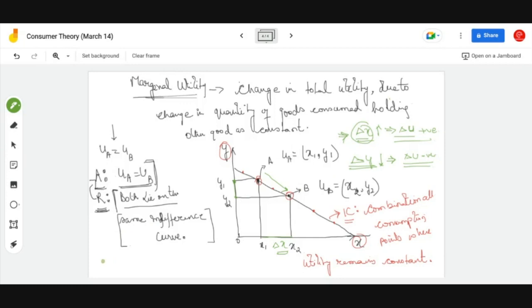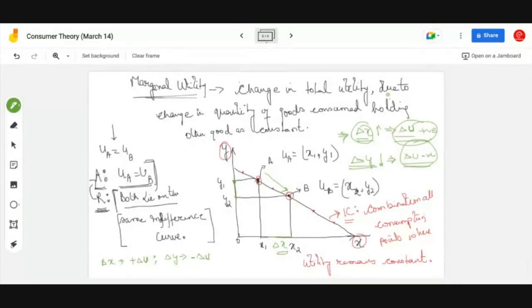So what we are saying is that, due to delta X, we have a positive delta U, or positive change in total utility, and due to change in Y, we are looking at a negative change in total utility, right? So if we add up these two utilities, will it be zero, positive or negative?